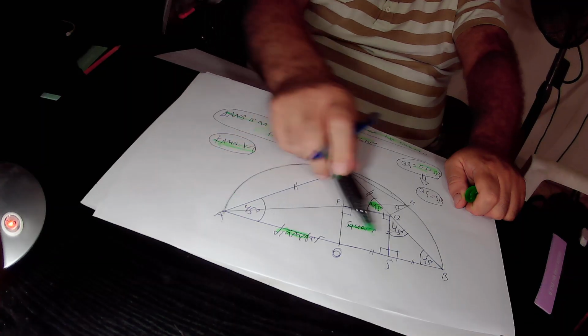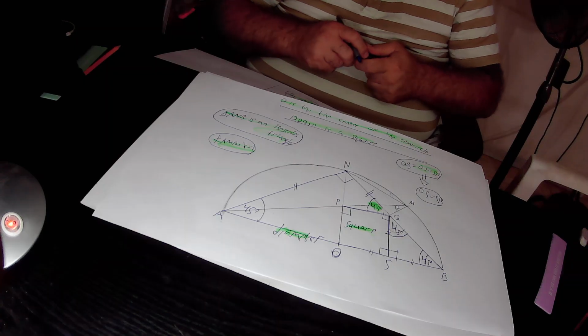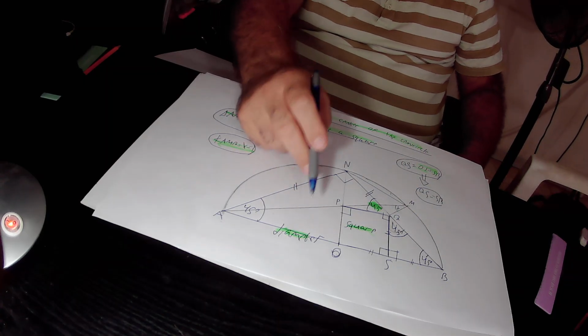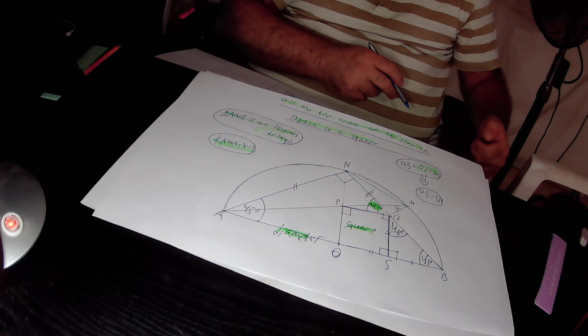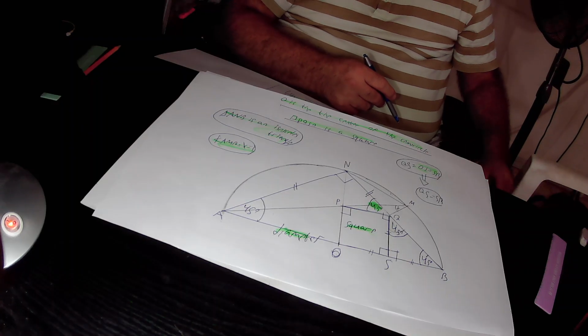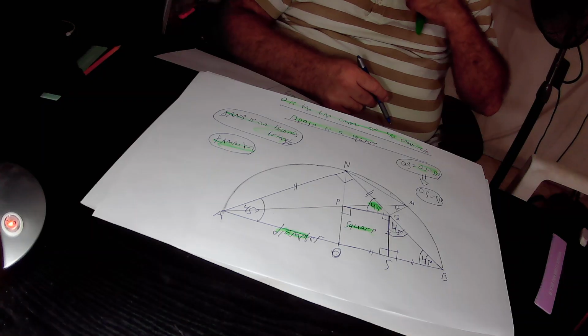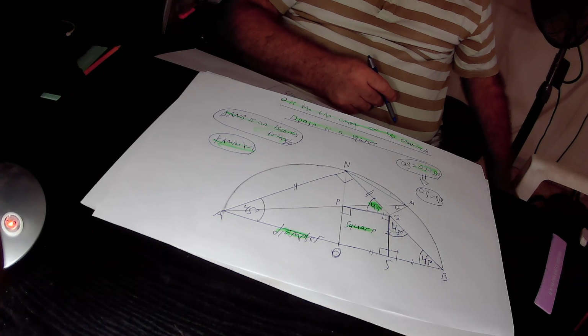But AB is also the diameter of the semicircle. So here we can implement rule 24.